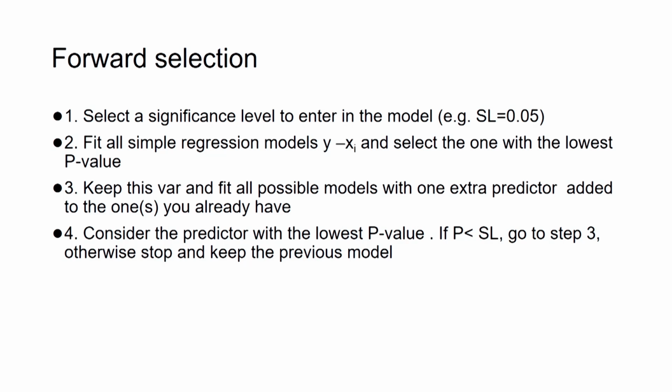After fitting these models, you will consider the predictor with the lowest p value, and if this p value is less than the significance level, you will again do step number 3, which means now 2 variables are added in your model.